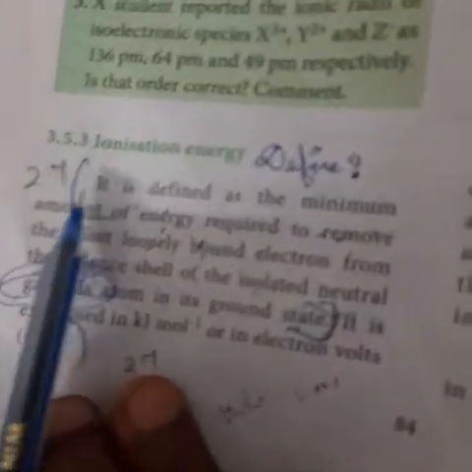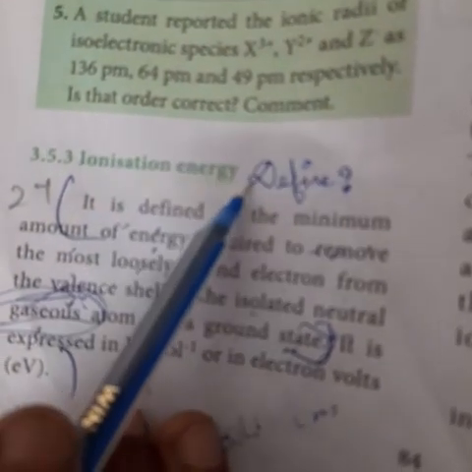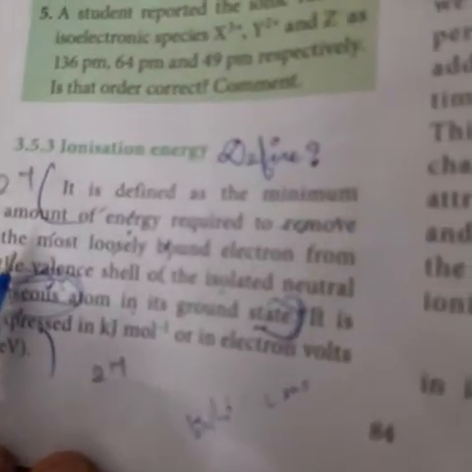Third question, what is ionization energy or ionization enthalpy? Page number 84, last paragraph.